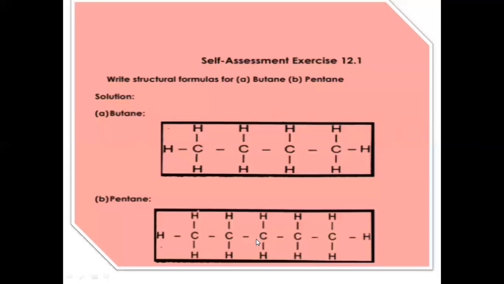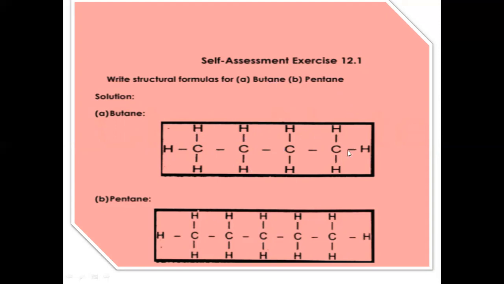Self-assessment exercise 12.1, write structure formulas for butane and pentane. But means 4 carbon atoms and ane means all the bonds will be single bonds. So you can see 1, 2, 3 and 4 carbon atoms, and then the hydrogen atoms will complete the valency by making 4 bonds of each carbon atom.